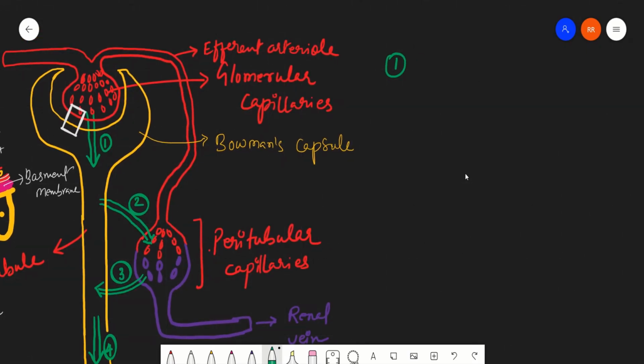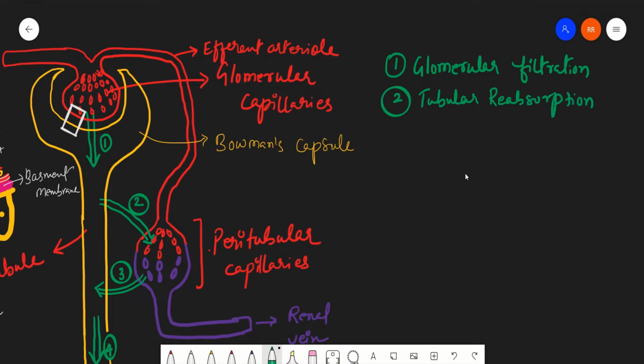First is glomerular filtration, followed by number 2, tubular reabsorption. Number 3 is tubular secretion, and number 4 is excretion.